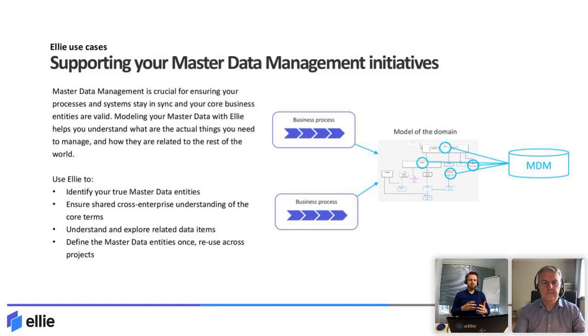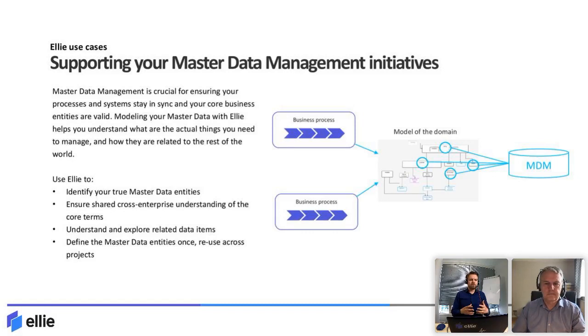The ways of modeling that Ellie supports are driven towards understanding, driven towards communication, and figuring out what are the entities that I care about, how are they linked together, and are there perhaps entities that are very similar to the ones that I have, but which still are completely different.